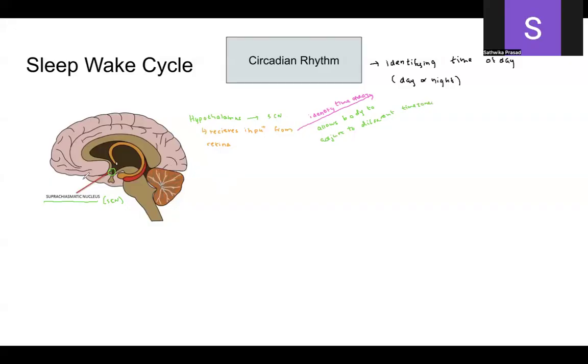Okay. Now let's talk about a very important function of the SCN. That is the release of proteins known as clock proteins. Clock proteins are expressed by the suprachiasmatic nucleus and are responsible for indicating to the body what time of day it is.